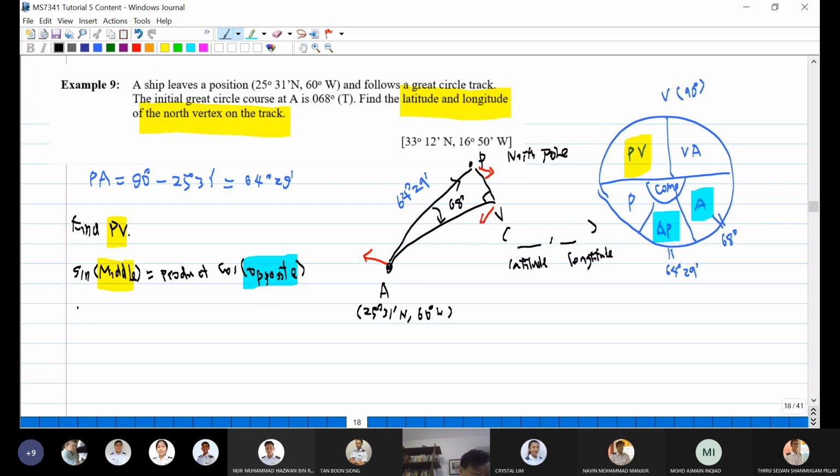So sine of PV is equal to the product of cosine of comp A, because A is in the lower half of the view, and cosine of comp AP, because AP is also on the lower half of the view here.